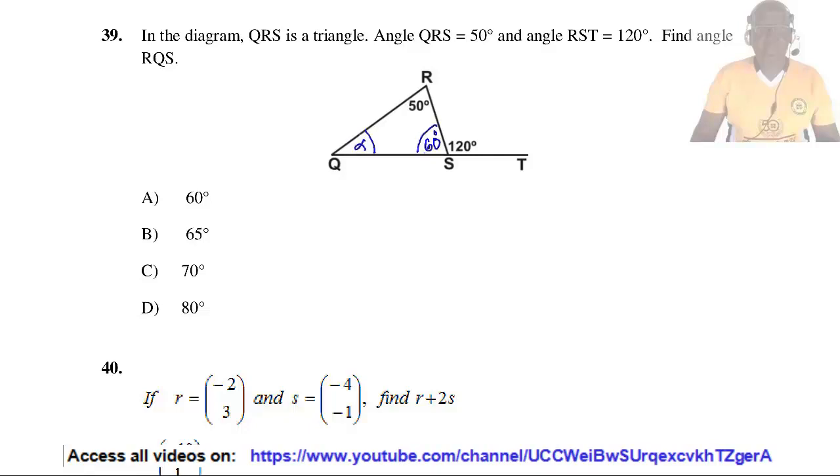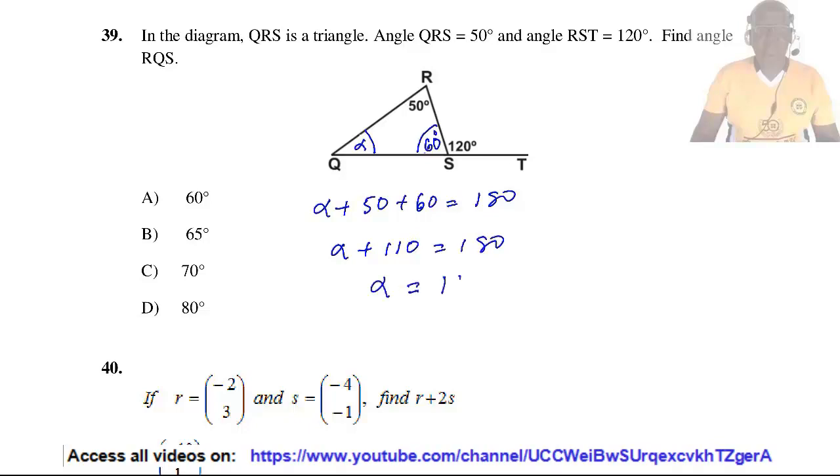Now, since the sum of angles in a triangle add up to 180 degrees, alpha plus 50 plus 60 will be equal to 180, or alpha plus 110 equals 180. Therefore, alpha equals 180 minus 110, which equals 70. So the answer is 70 degrees, which is C.